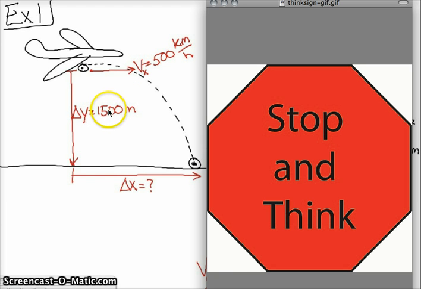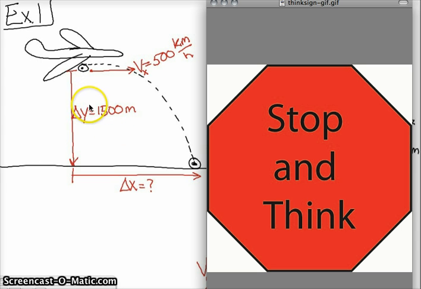Next thing we're told is that we were at an altitude of 1.5 kilometers. I've taken the liberty to convert this to meters. Generally, we want to get to the MKS system, meters, kilograms, and seconds. So I've already done that conversion here.